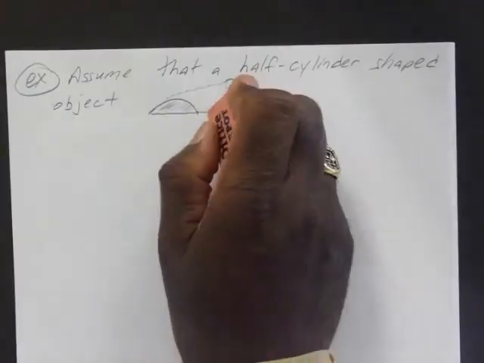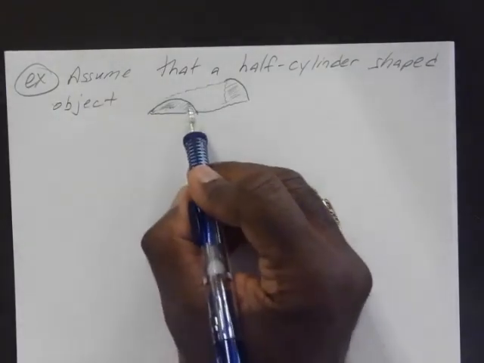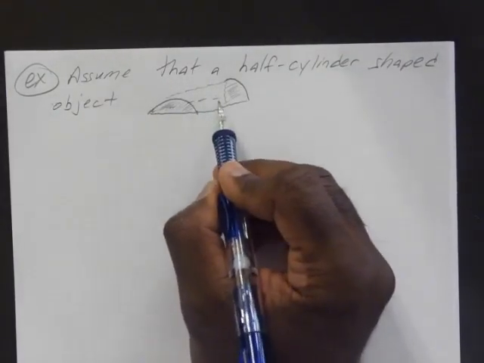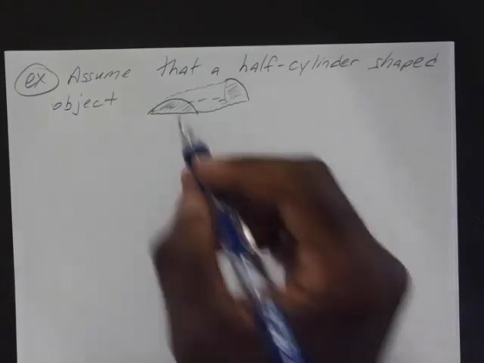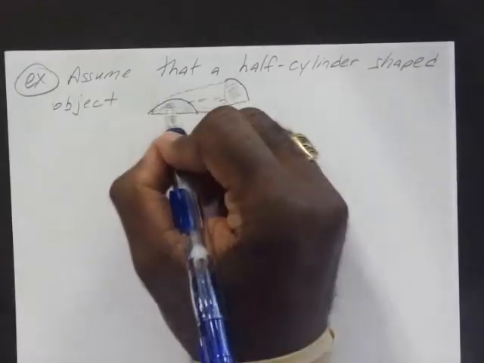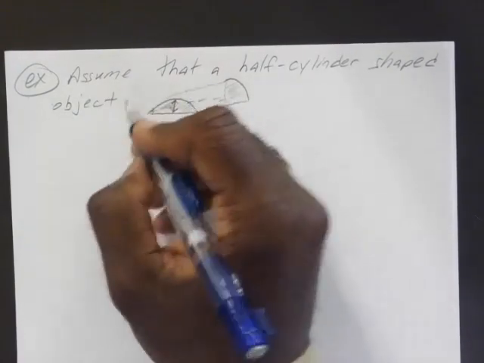Okay, so we know that this object has a radius of 3.